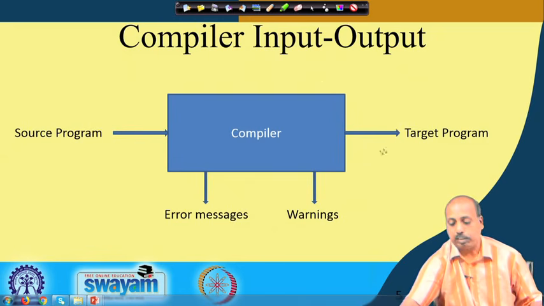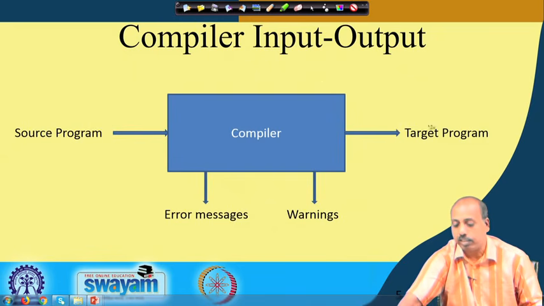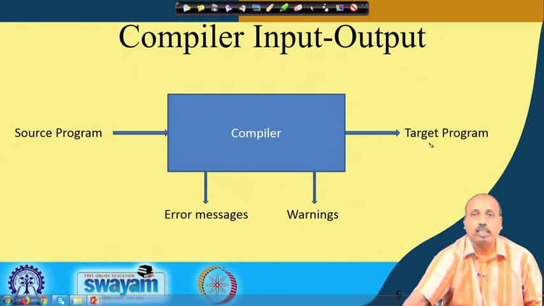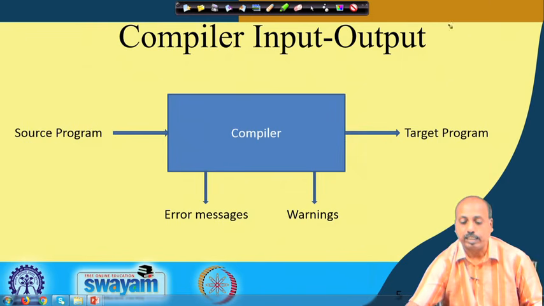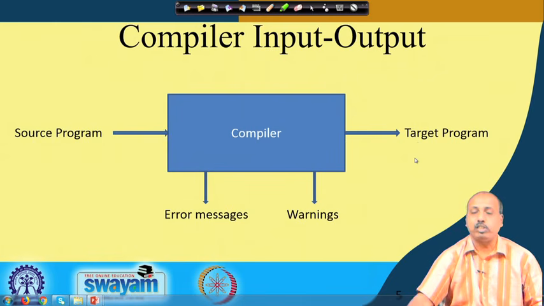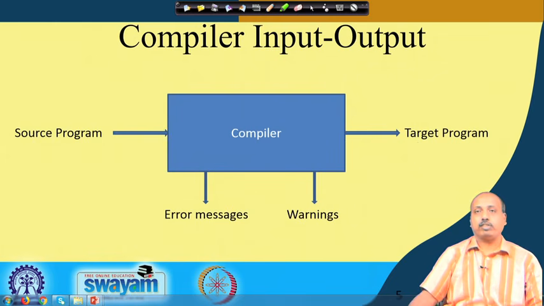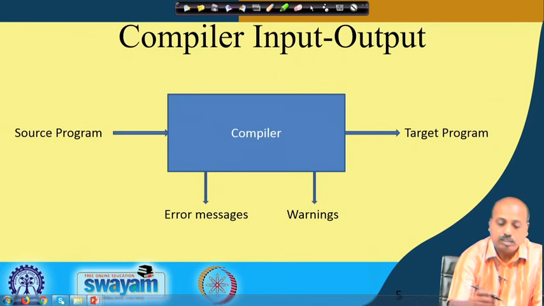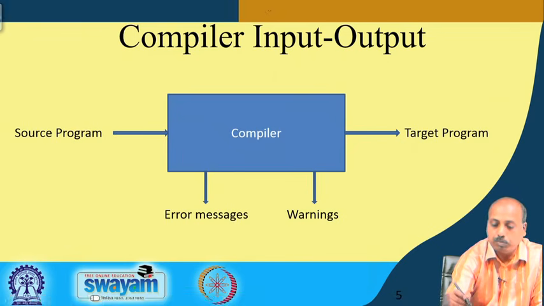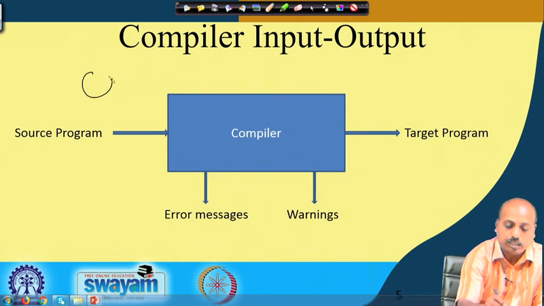Now we will emphasize this line, target program. So far we have assumed that this target program is the machine language program, but it need not be so. It may be something else also. For example, suppose I have got two pieces of software, software 1 and software 2.